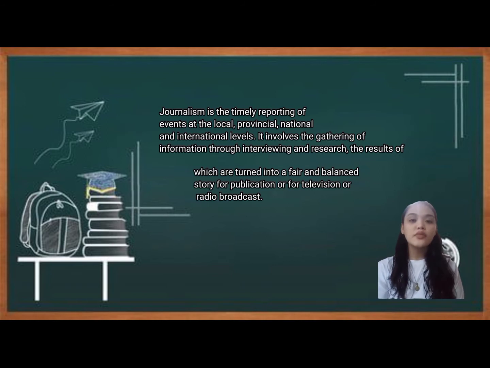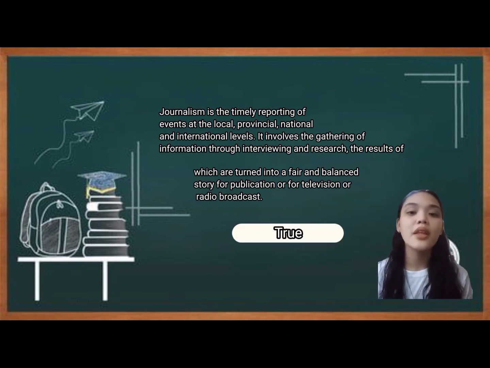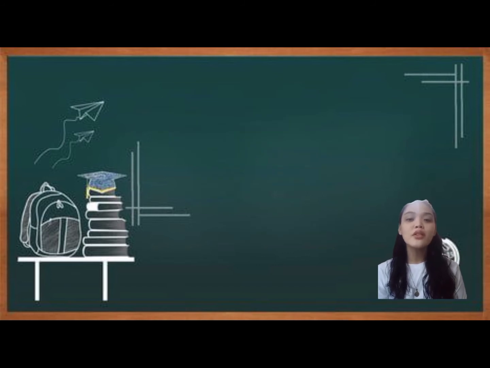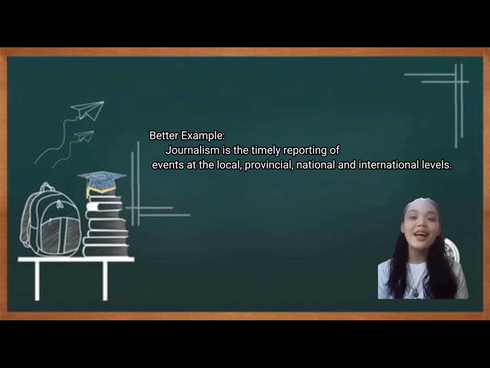The answer is actually correct, but the meaning provided is too long. So for the betterment of this one, let's make it like this: journalism is the timely report of events at the local, provincial, national, and international level, which is direct to its point.